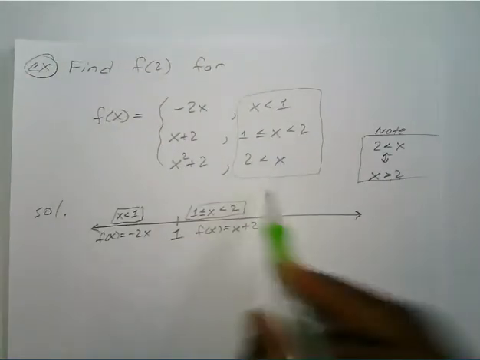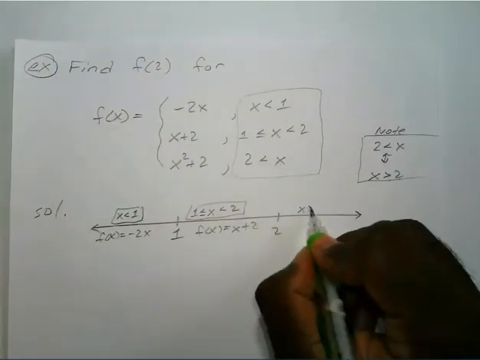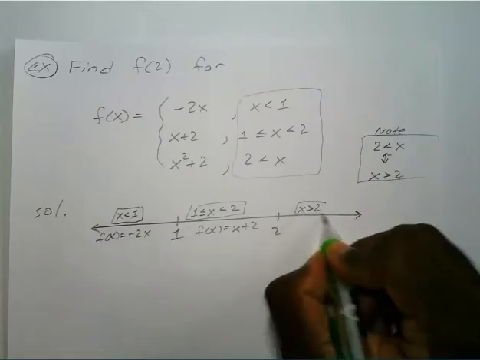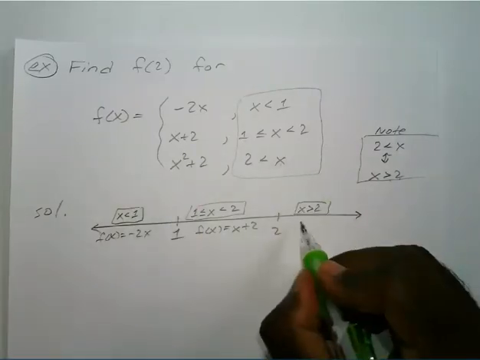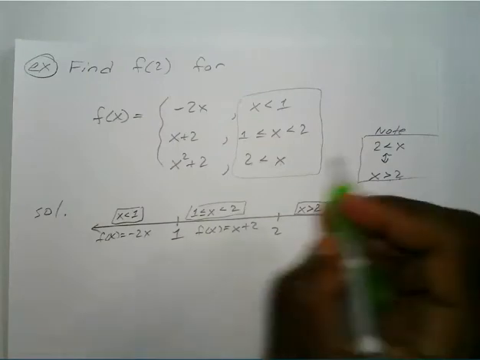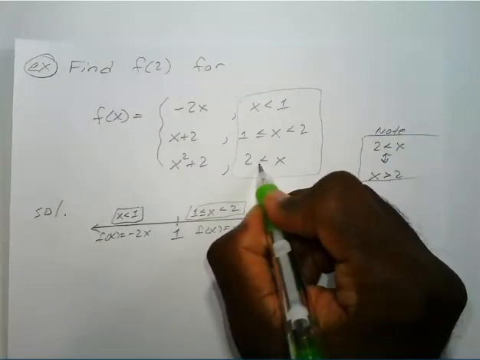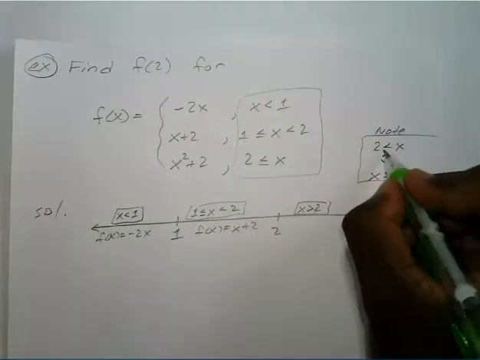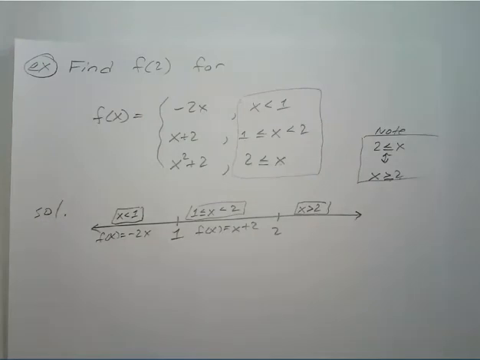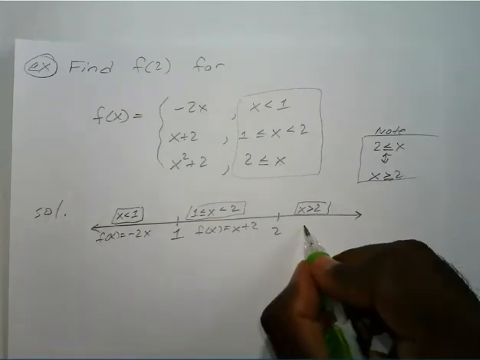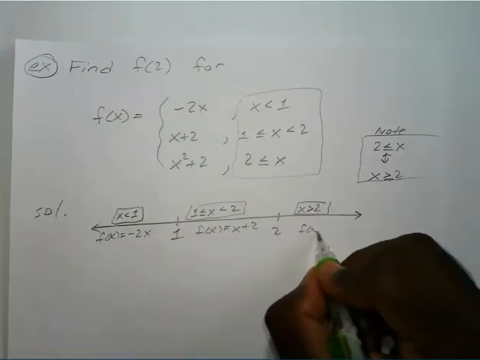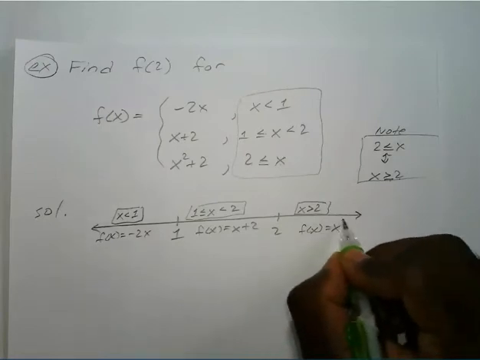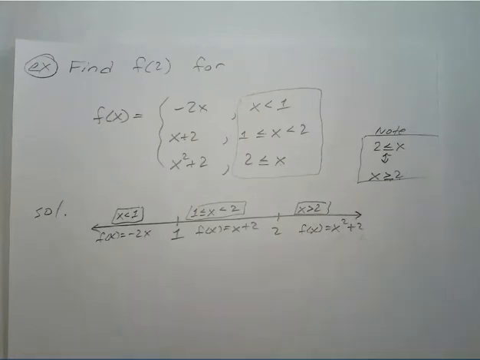Okay, so in this case, when x is greater than 2, your f of x, nope, greater than or equal to. Sorry about that. That should have been less than or equal to, because it wouldn't have made sense any other way. Then our f of x is equal to x squared plus 2.